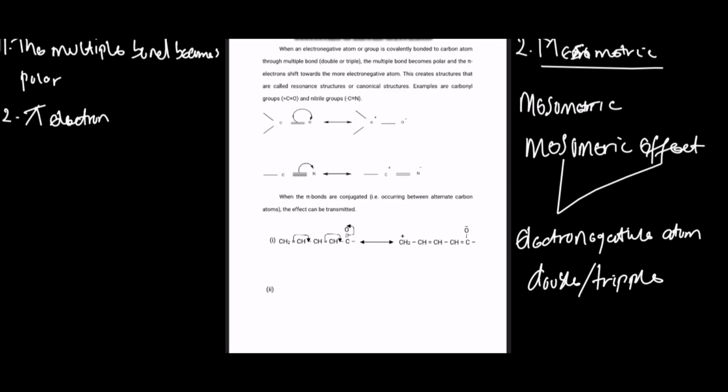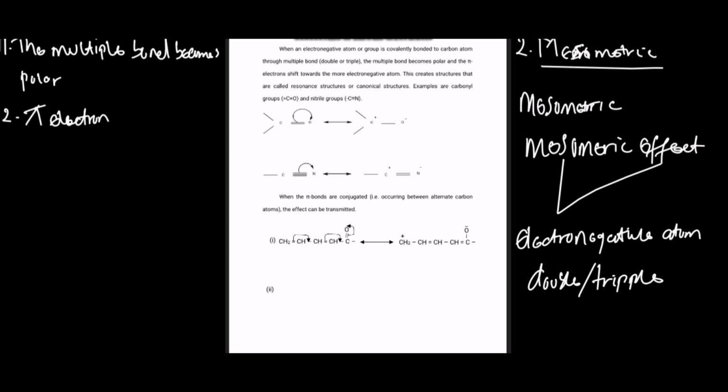The pi electrons are the electrons being shared. The bond becomes polar, and the shared electrons are pulled towards the more electronegative atom, not carbon this time around. That's what happens in the mesomeric effect.